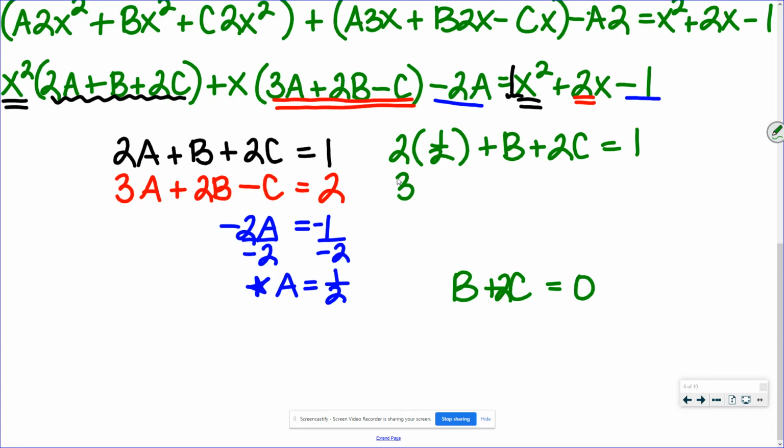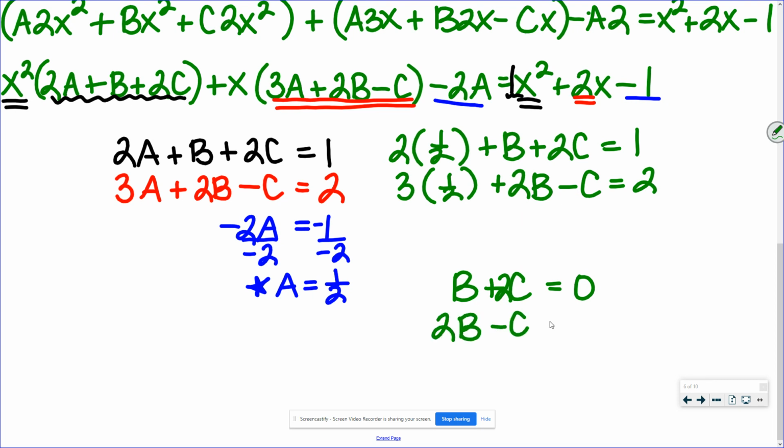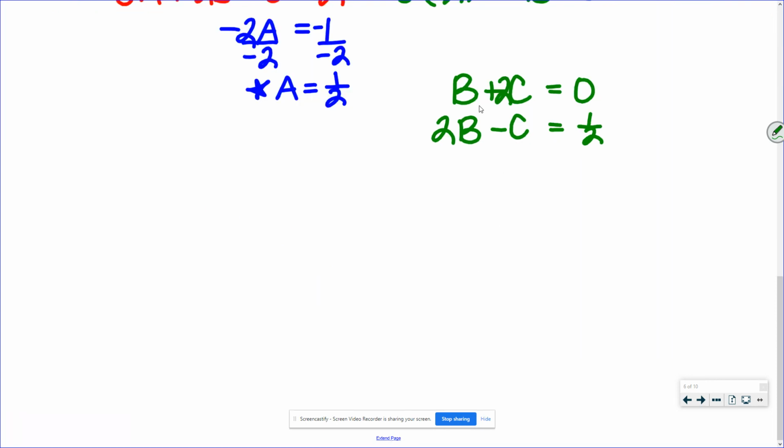Okay, I'm going to plug in 1/2 for the second equation, the one in red. And I'm going to solve, and I would get 2b minus c is equal to 1/2. All right, now I've taken an equation with 3 unknowns, and now I only have 2 of them.